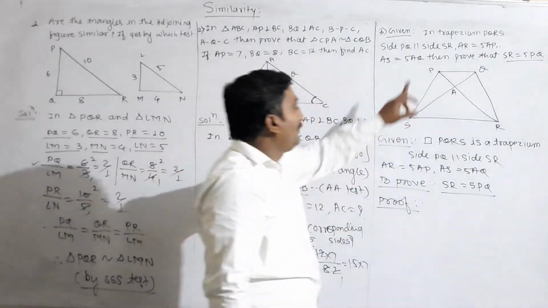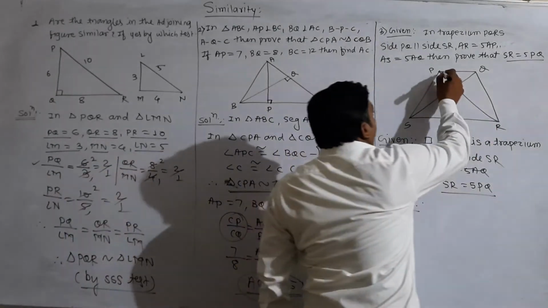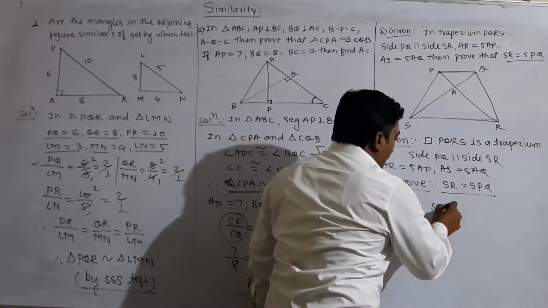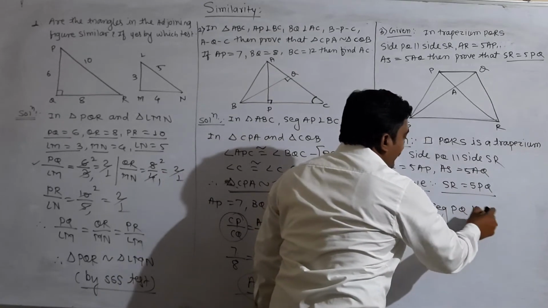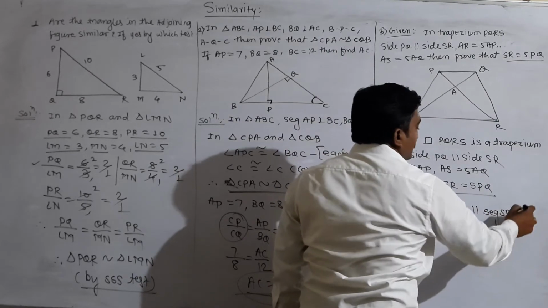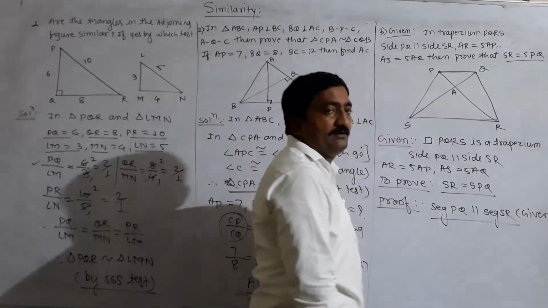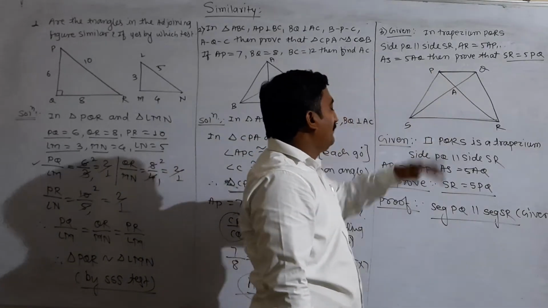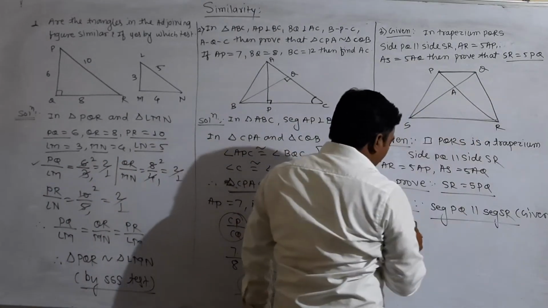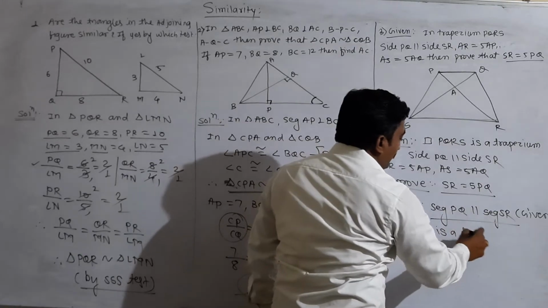We know that PQRS is a trapezium and PQ is parallel to SR. This is given. Here, segment SQ is a transversal.